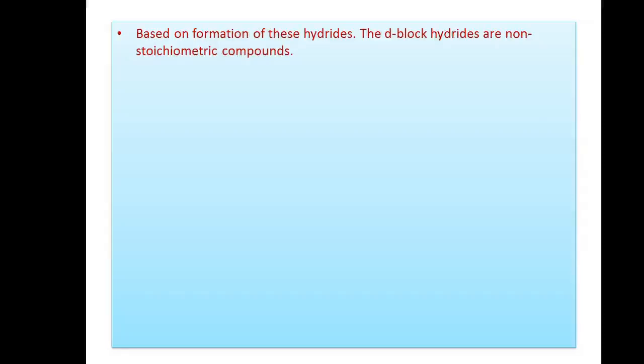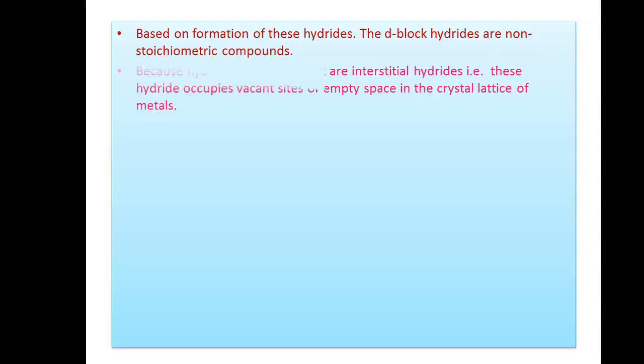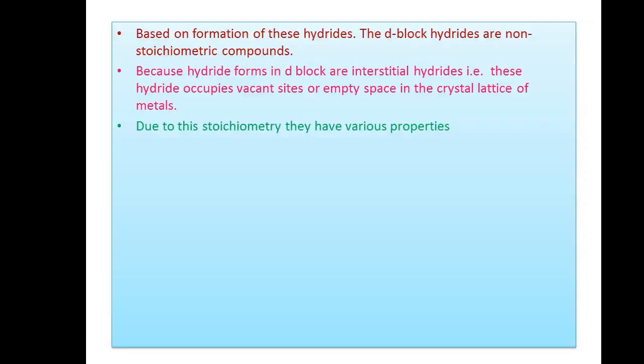We know that stoichiometric compounds mean the cation and anion ratio is fixed in the crystal lattice, and non-stoichiometric compounds mean the cation and anion are not in a fixed ratio. Because hydrides formed in the d block are interstitial hydrides, hydrogen occupies the empty sites in the crystal lattice of the metal.